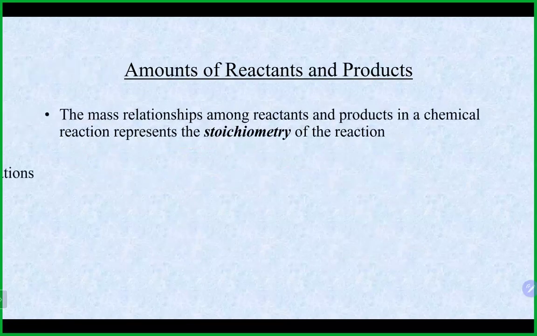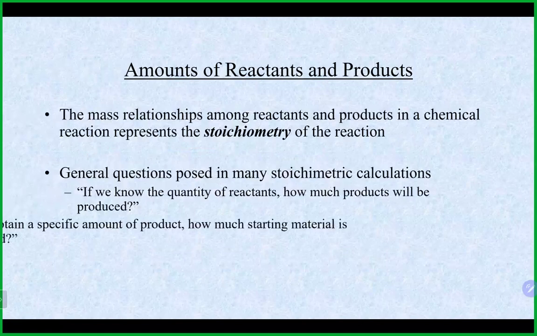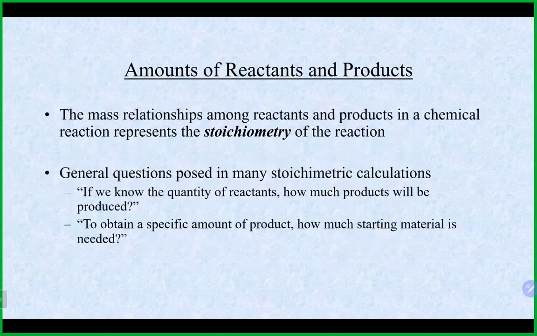So let's talk a little bit about this idea. As I mentioned before, what stoichiometry allows you to do is figure out, if you produce a certain amount of product, how much of those reactants you started with. It also allows you to figure out, if you start out with a certain amount of reactants, how much product you will actually form.